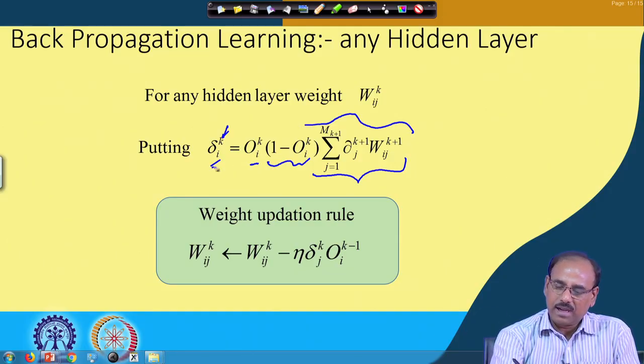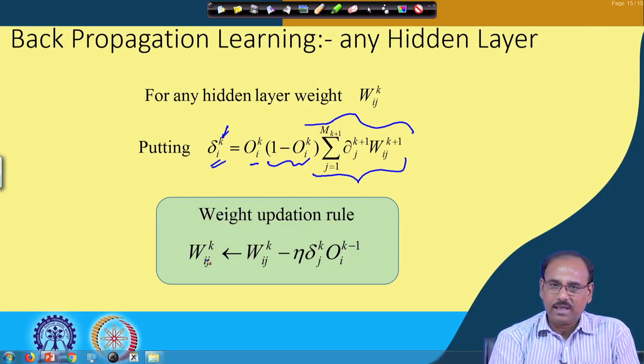So, that gives you delta_i^k, and using this my weight updation rule in the kth layer simply becomes w_ij getting w_ij minus eta times delta_j^k times O_i^(k-1). This O_i^(k-1) is the output of the ith node of the (k-1)th layer.